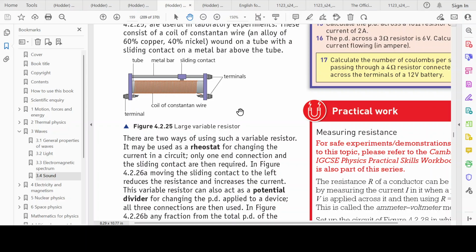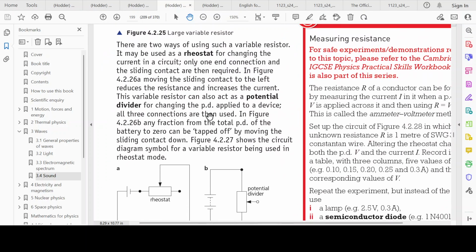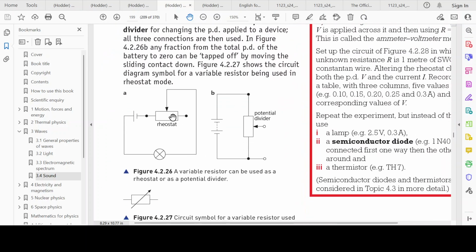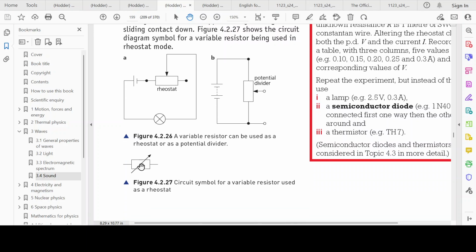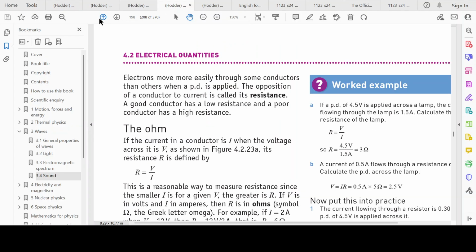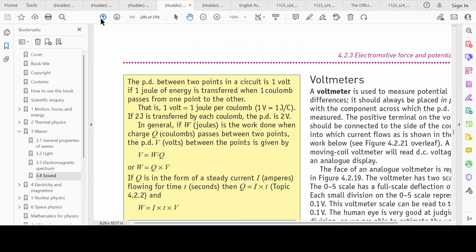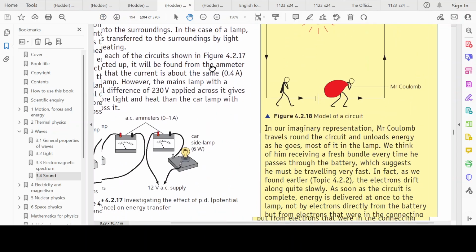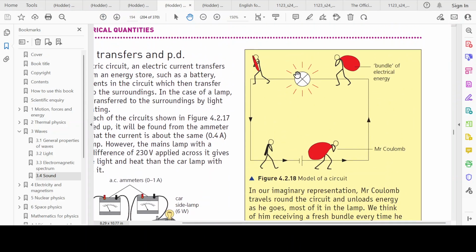I mean, it has various applications, and so it can be used in two ways. The rheostat. So this is what the rheostat looks like, right? The thing is we need to know how to draw these components in a circuit diagram. So if I just go back, this circle with a cross is what a bulb, a lamp, looks like.